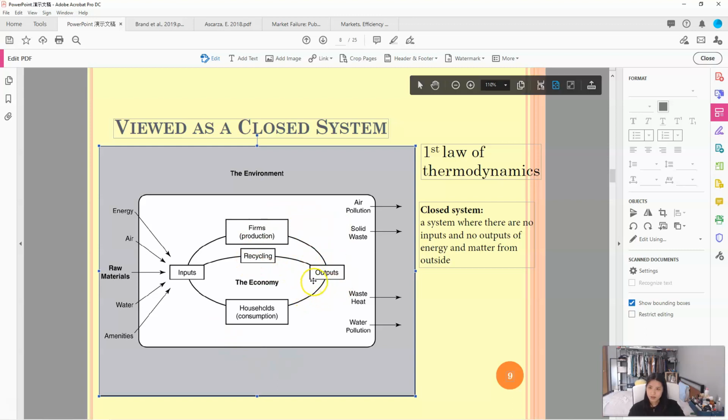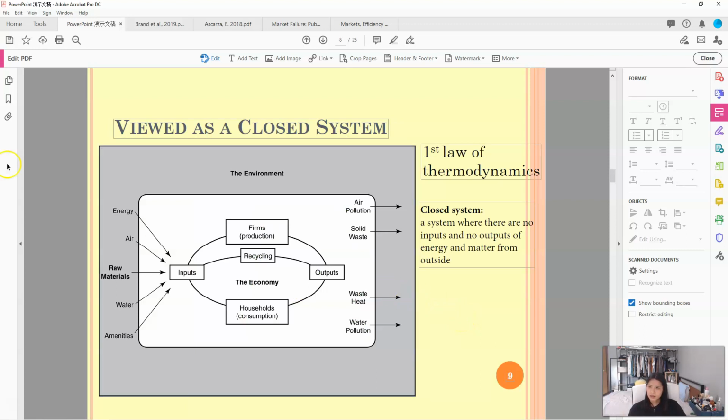Our society is the economy. We produce some outputs to the environment, and also we get some inputs from the environment. So our economy is not a closed system, it's an open system. But the environment itself is a closed system.